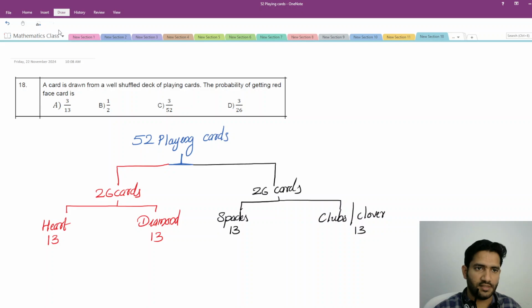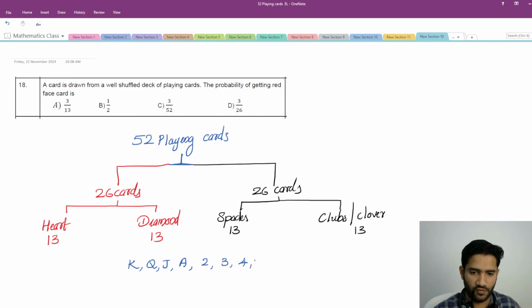And in each suit we can find a king, a queen, a jack, an ace, and the numbers 2, 3, 4, 5, 6, 7, 8, 9, and 10. So 13 cards are there in each suit.